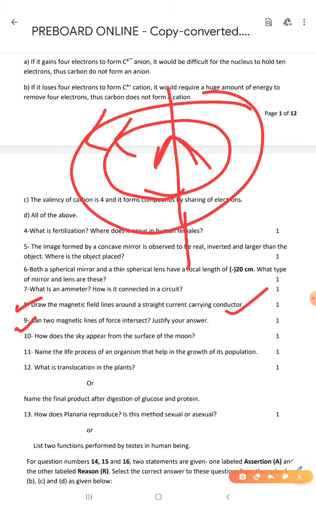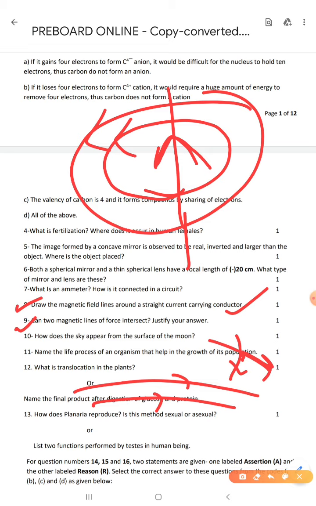Another one was: can two magnetic lines of force intersect? Justify your answer. As we know, magnetic field lines never intersect each other, because if they intersect at any one point, then there will be two directions of magnetic field, which is impossible. This concept of magnetic lines of force is only for the direction of the magnetic field.